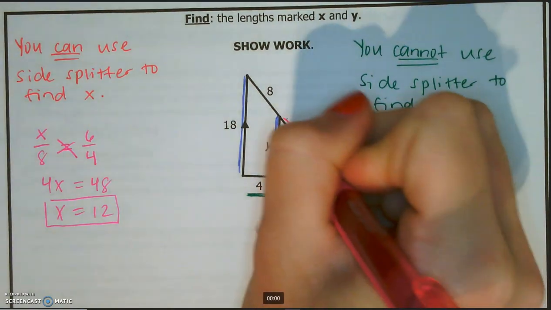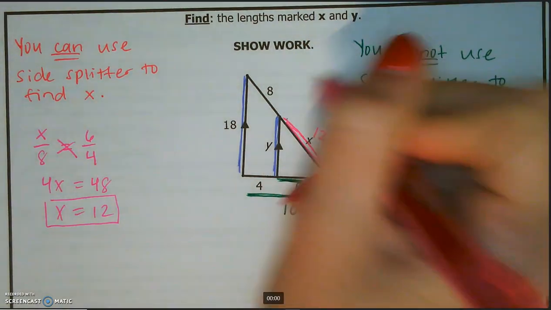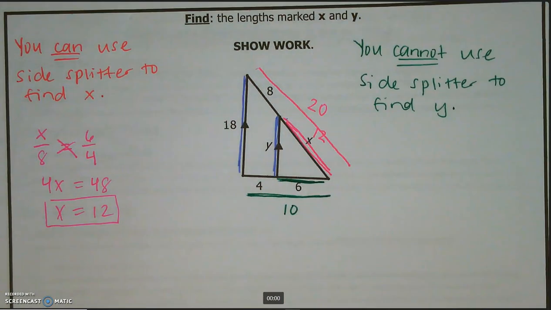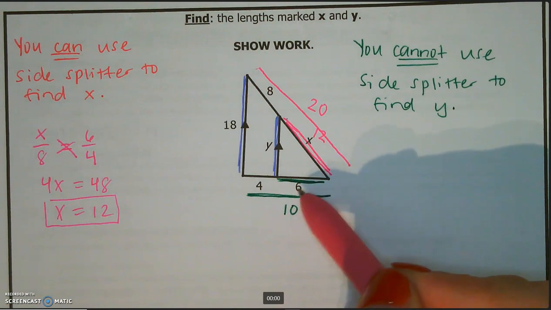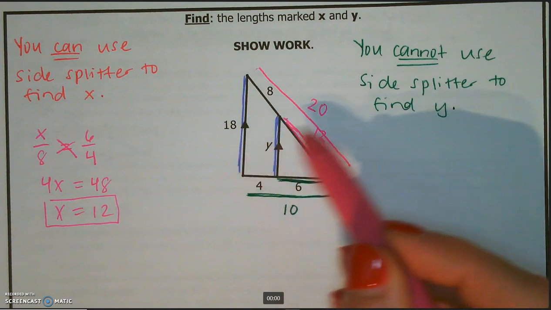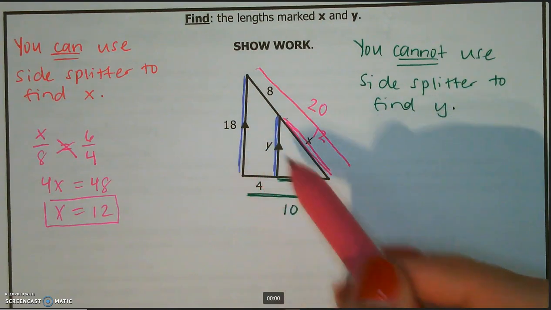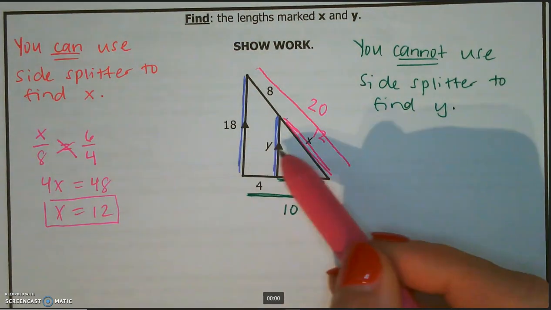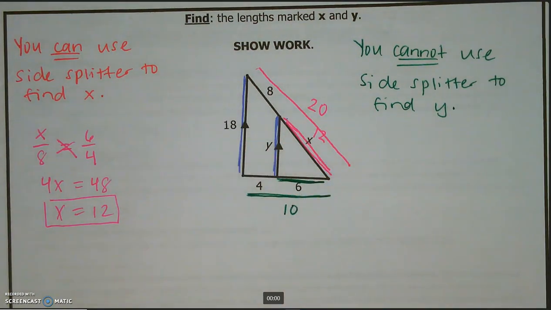And the 12, which we just found, corresponds with the 20. Because I know both green values and both pink values, I could really set up purple with pink, or I could set up purple with green. You have options. I'm going to go purple with green for my setup.